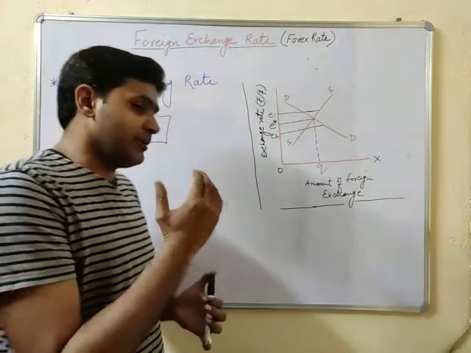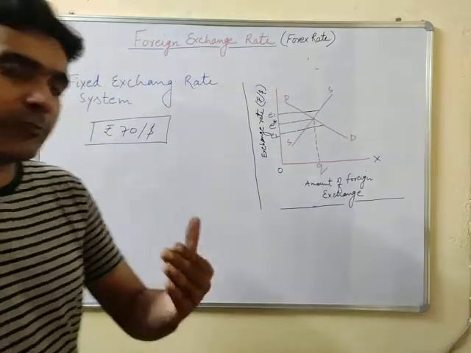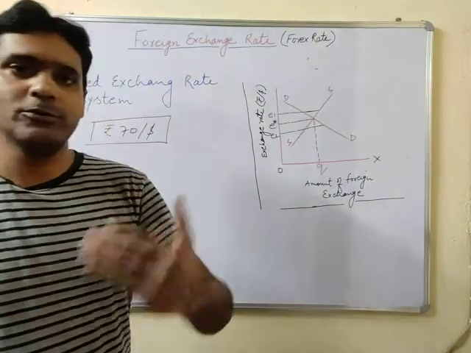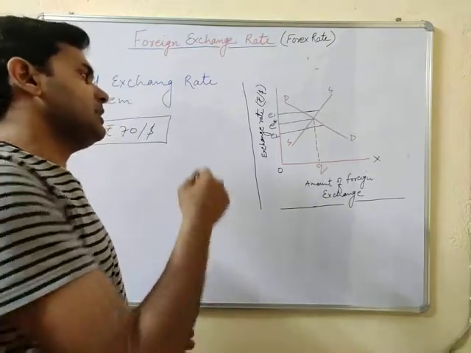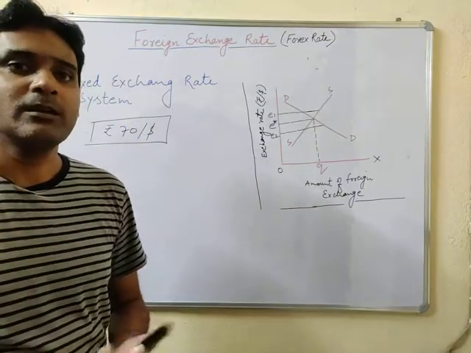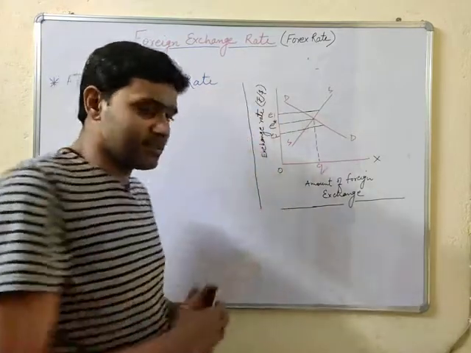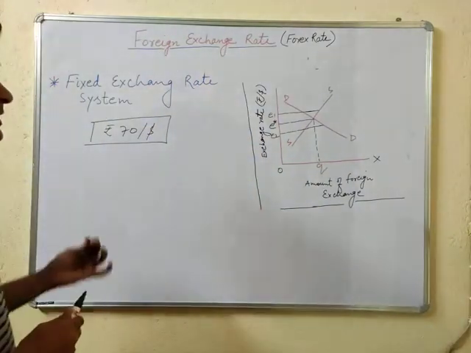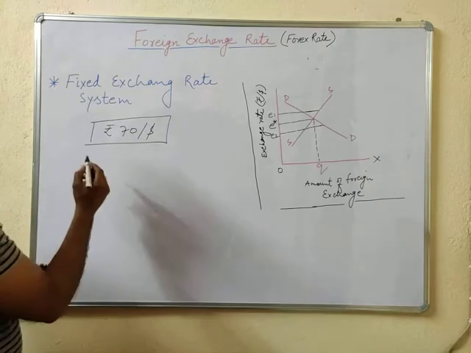Now suppose government wants to increase its export. So what will happen? The exchange rate will be increased. When the exchange rate is increased, it means the rupee has become cheaper in comparison to the dollar.